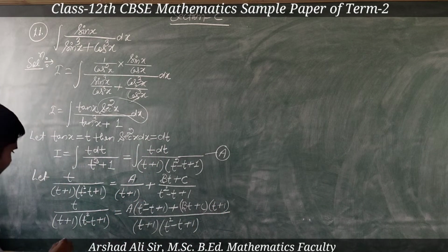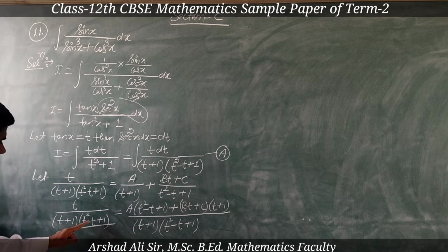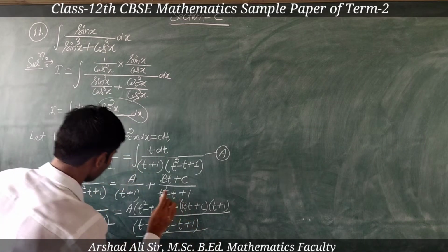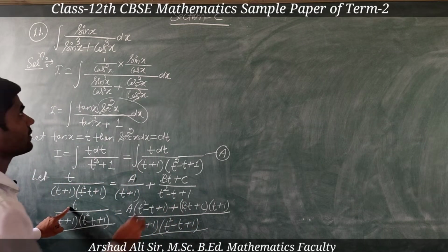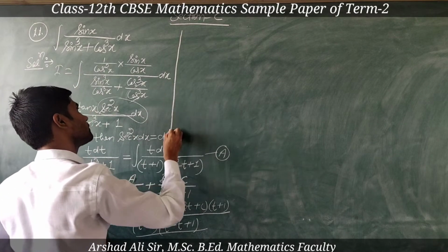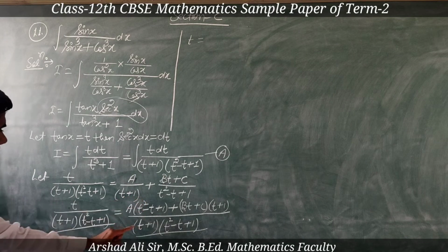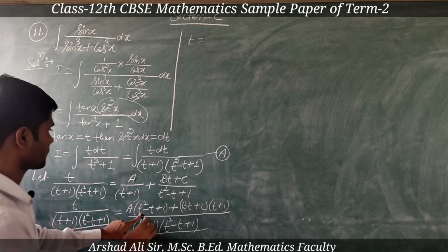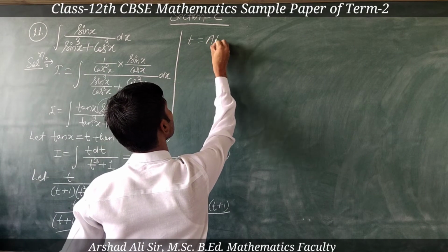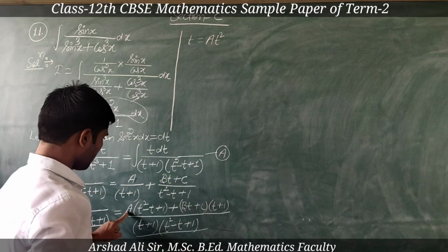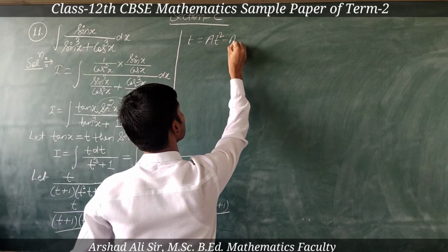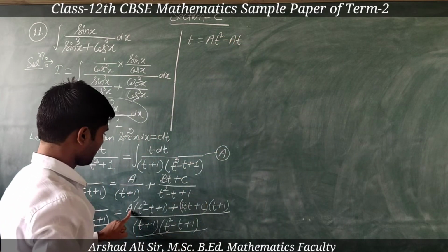Okay, now we can cancel (t plus 1)(t square minus t plus 1) from this term. So here in the left side we have t is equal to, here we can multiply a t square minus a t plus a.